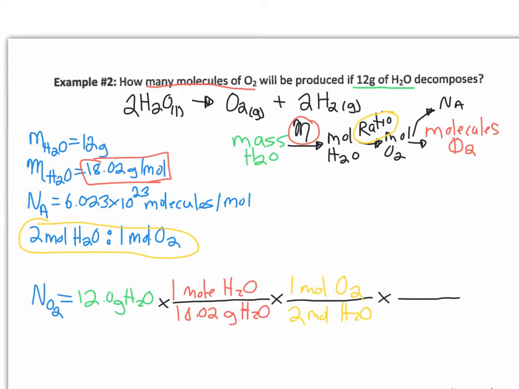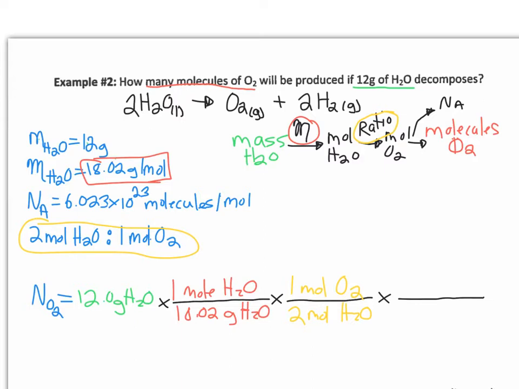If we punch this into our calculator, we would have successfully calculated the moles of oxygen gas, but it's asked us for molecules. So we have to use our Avogadro's number and put it in here to calculate the molecules of oxygen.